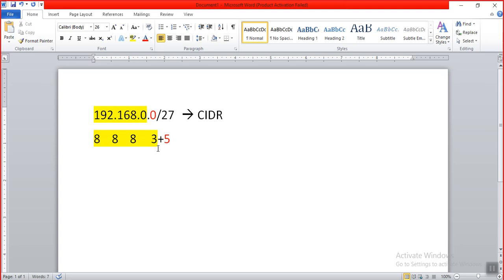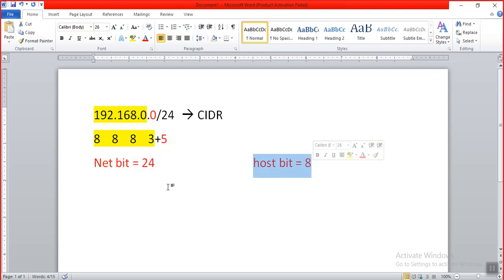Now if this 3 bit is going to be added to the network side from the host side, what happens? Before adding this 3 bit, what is the information? Net bit equal to 24 and host bit equal to 8. When it is 24, this is default, net bit is 24 and host bit is 8.